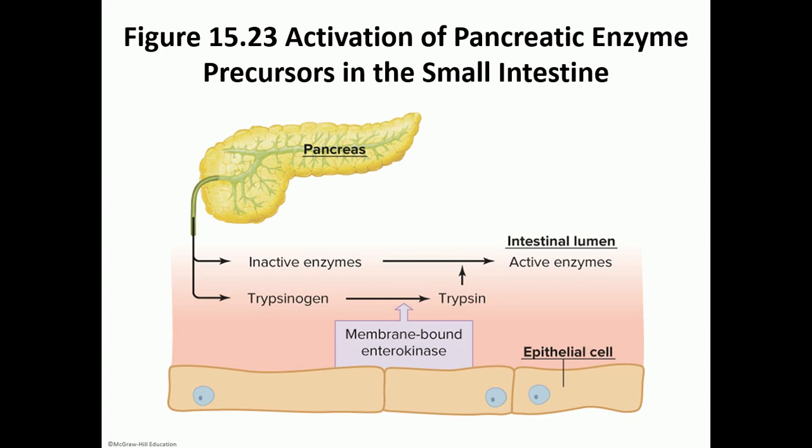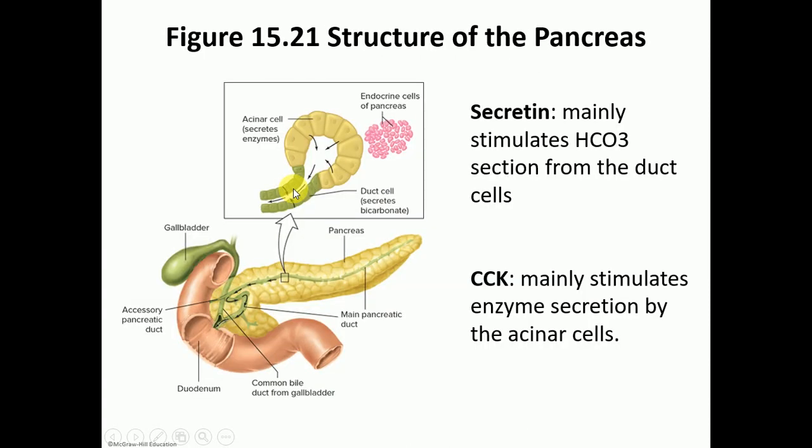Now, lots of your pancreatic enzymes digest protein. As we said, they are going to be released in an inactive form. So for example, trypsinogen has to be activated into trypsin, and that is done by enterokinase enzymes. When the pancreas releases its protein digesting enzymes into the duodenum, they are in an inactive form.